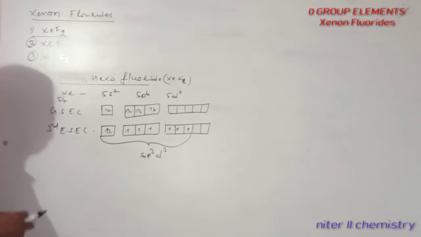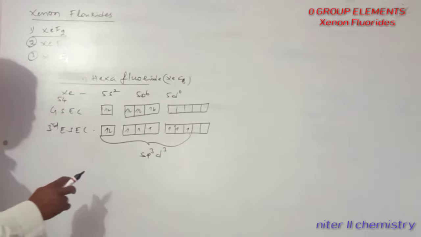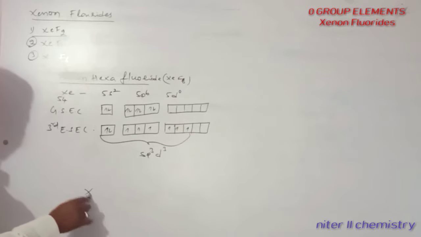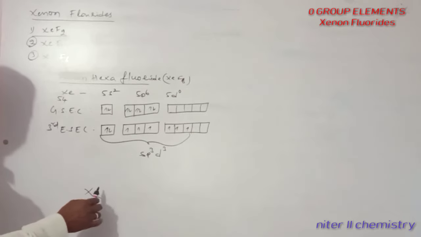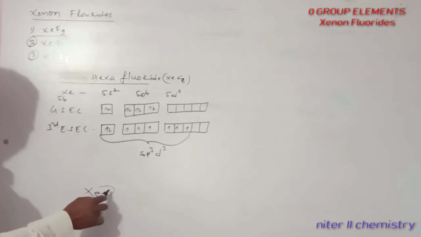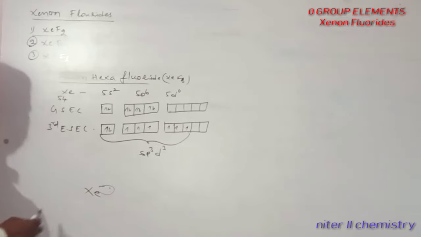The remaining sp3d3 hybrid orbital contains a lone pair of electrons. Just I am drawing the geometry of the sp3d3 hybrid orbitals. So here it is the lone pair of electrons of the sp3d3 hybrid orbital.